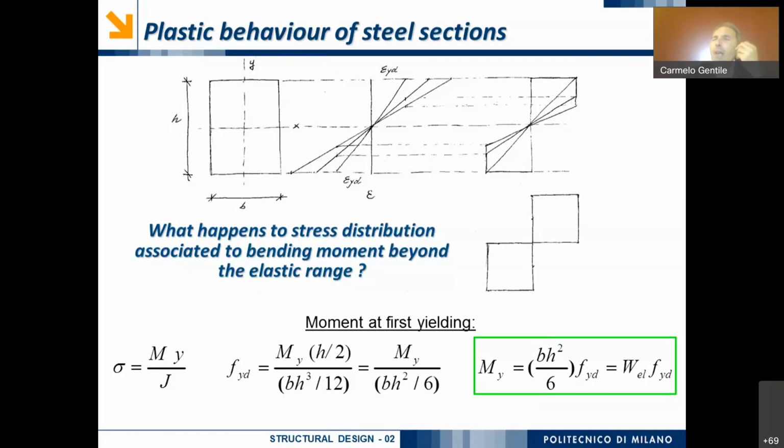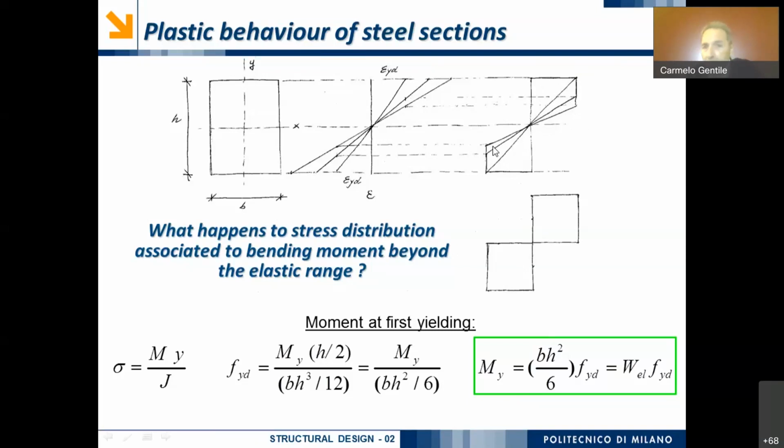Of course, we will obtain a very high value of the strain, but not an infinite value of the strain. So, in the limit, the upper part of the cross-section is yielded, for example, in tension, while the bottom part of the cross-section is yielded in compression.